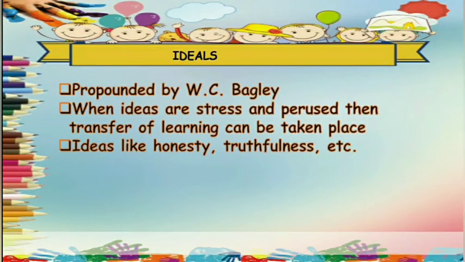It was propounded by W.C. Bagley. When ideals are stressed and freely used, then transfer of learning can take place. These ideals like honesty, truthfulness, love, etc. can be transferred in this theory.